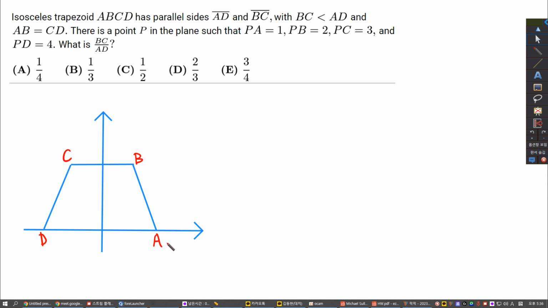So let's say A's coordinates are (a, 0) and B's coordinates are (b, h). So we can automatically determine C and D's coordinates.